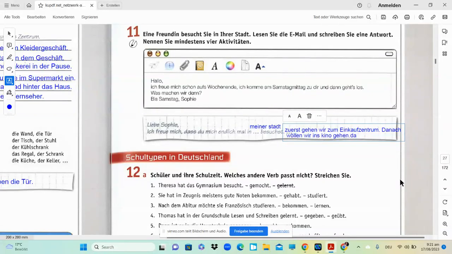Und dann können wir etwas, or you can say dort können wir etwas essen, probieren. Okay, probieren. I'm not sure about the spelling.